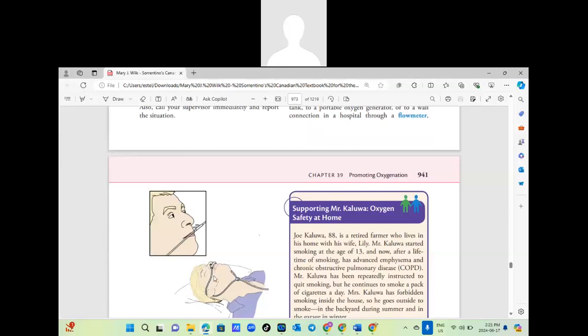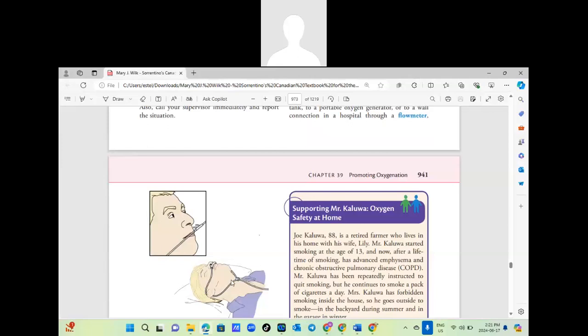The prongs from the oxygen flow curve down to prevent drying of the sinuses. The nasal cannula is connected to an oxygen tank or portable oxygen generator, or to the wall connection in a hospital, through a what? Flow meter. So the one that adjusts. That's the flow meter, which regulates the flow of oxygen.